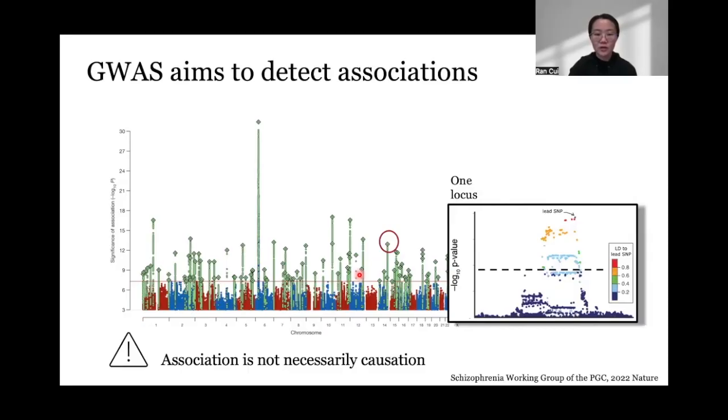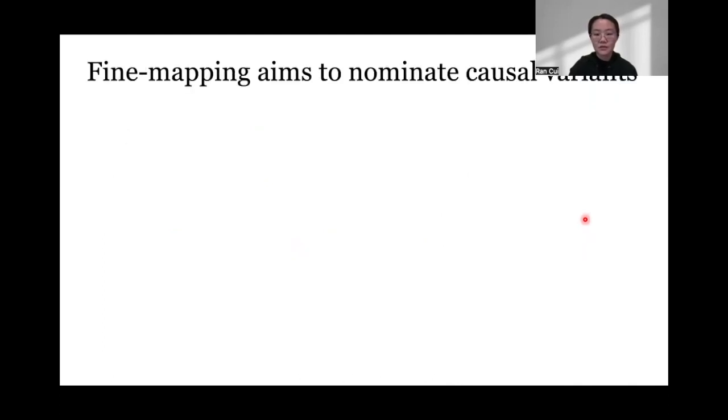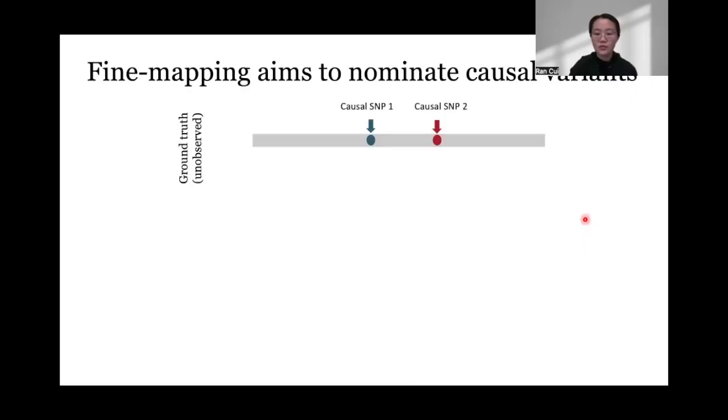If you zoom in on one locus, you can see that there are many, many SNPs that are above the genome-wide significance threshold, purely because they are in LD with the lead SNP, not because any of them are necessarily causal. So suppose we have two causal SNPs in the region. This is unobserved ground truth. You don't know this.